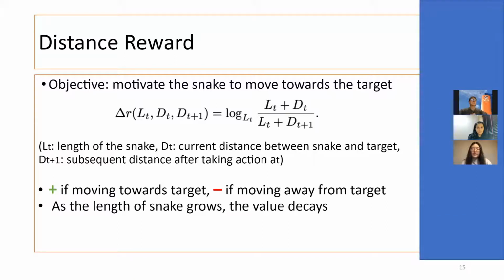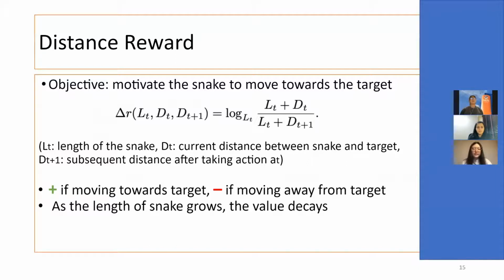Next, let me introduce the distance reward mechanism. The objective of this mechanism is to motivate the snake to move towards the target, and the delta R, or say the additional reward, is calculated from the equation below. As we can see here, the snake receives a positive reward if it's moving towards the target and a negative reward if it's moving away from the target.